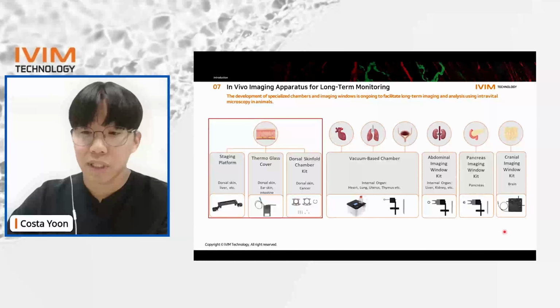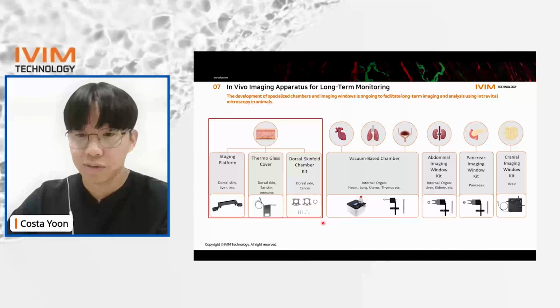So, how is intravital skin imaging actually performed? Our platform supports imaging of more than 30 different organs using dedicated organ-specific accessories. For skin imaging, we primarily use a staging platform, thermoglass cover, and dorsal skin fold chamber.